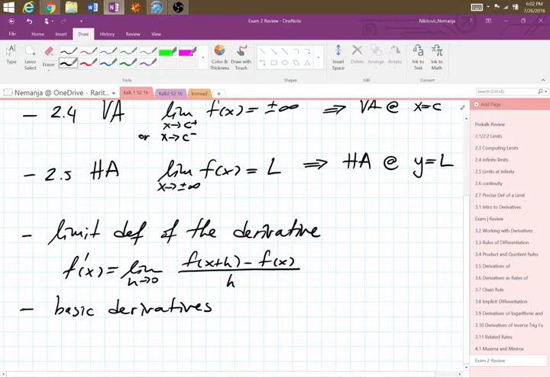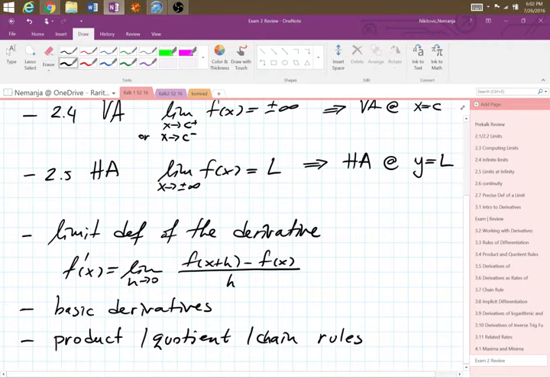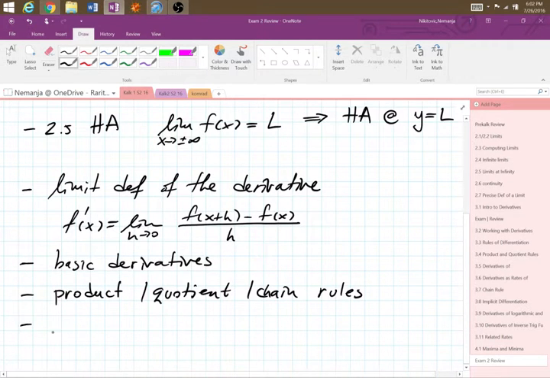We said you have to know that one. So a basic one. Then we have the product, quotient, and chain rules. We have implicit differentiation. There are two sections that are talking about trigonometric derivatives.